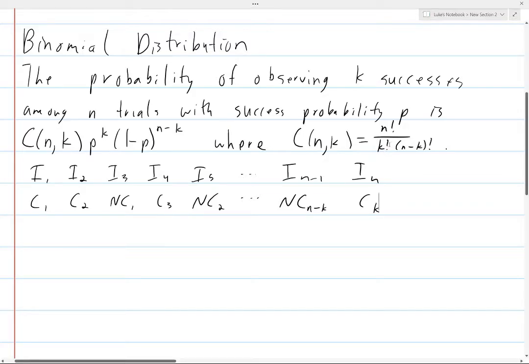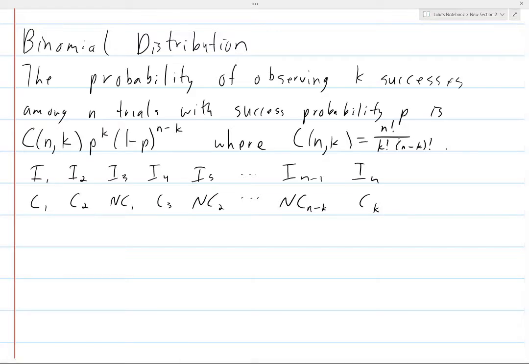The number of ways of rearranging the C's is k factorial, because C1 could go in any of these k locations, C2 in any of the remaining k minus 1 locations, and so on. Similarly, because there are n minus k NC's, there are n minus k factorial ways of reordering them. By that logic, you can rederive that n choose k is n factorial over k factorial times n minus k factorial.